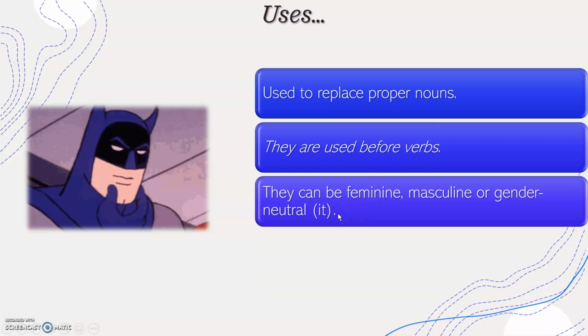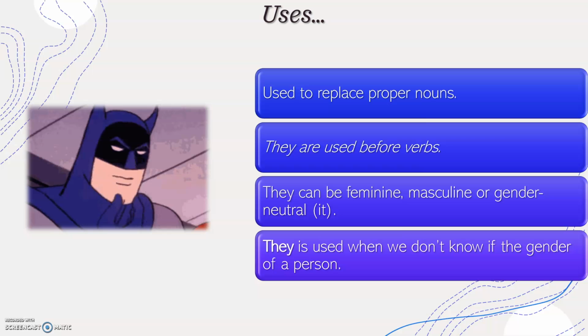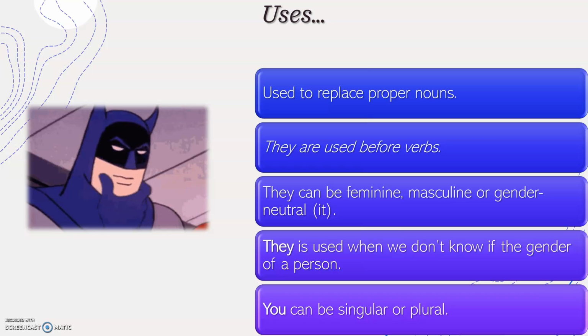As you saw before, these subject pronouns can be feminine, masculine, or neutral, which is the case of it. And if you're not sure about the gender of a person, I can use they as a general form, just in the cases when I am not sure about the gender of a person.